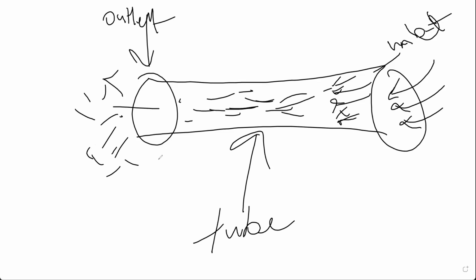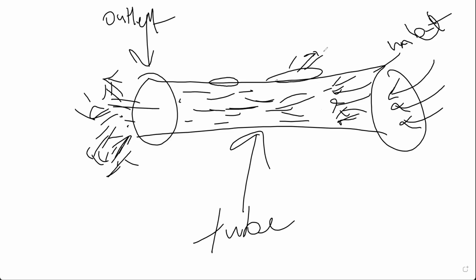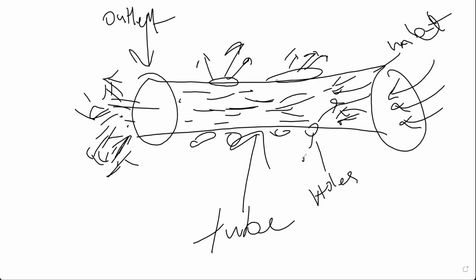When I pass this gasoline through this tube, it's supposed to come out from this end point, right? I hope I'm communicating. Okay. So when I was passing this gasoline through this tube, and there are holes in that tube, the fuel will be coming out from these unexpected holes, right?